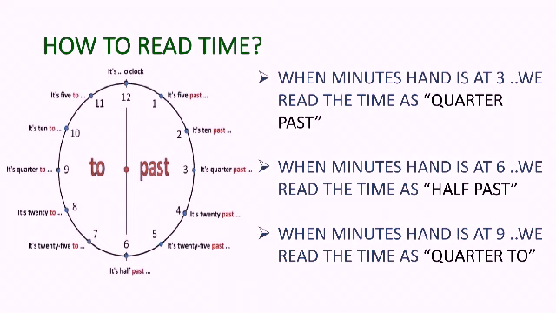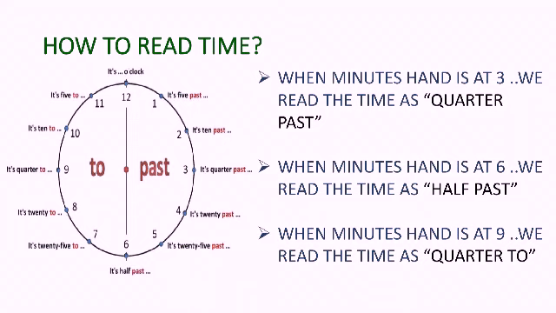That means it is the second hour of the day. If the hour hand is at 3, the time will be according to 3 o'clock. It can be 30 minutes past 3, or half past 3, or quarter past 3.